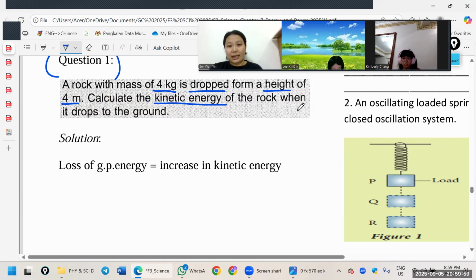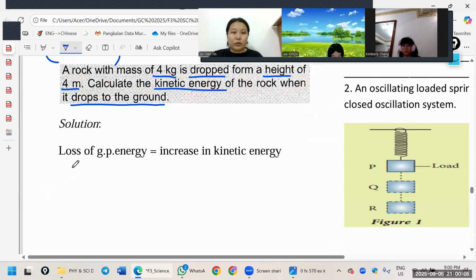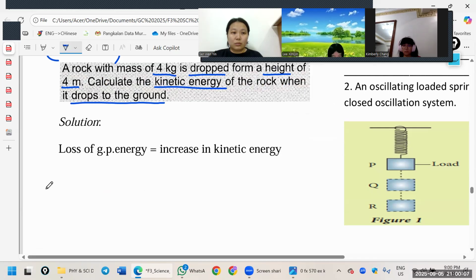Calculate the kinetic energy of the rock when it drops to the ground. So we can draw first. This is a rock, mass 4 kg, height 4 meters. So when it reaches here, what is the kinetic energy?